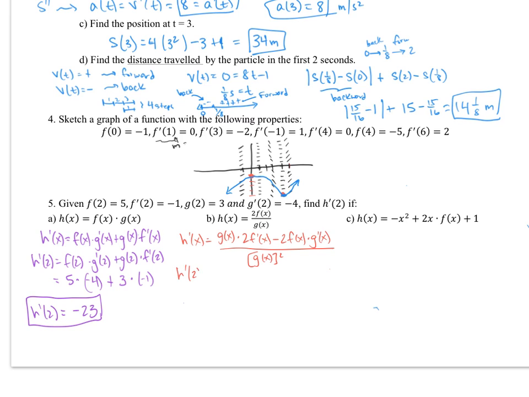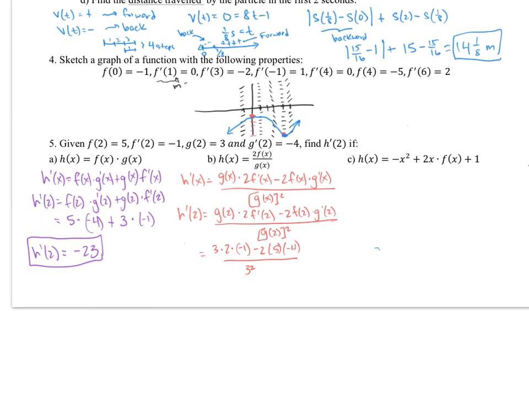So h prime of 2, let's put in 2 for all the x's, and this is basically what I'm solving. That gives me 3 times 2 times negative 1 minus 2 times 5 times negative 4, all over 3 squared.